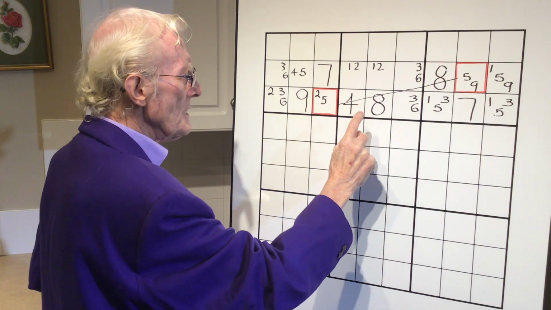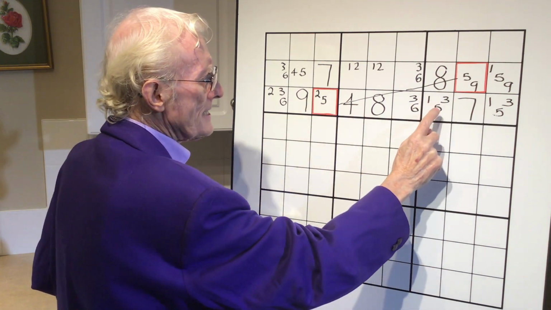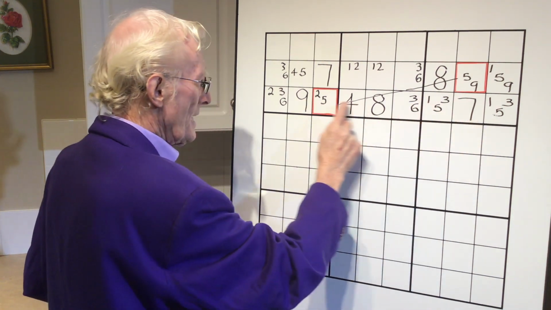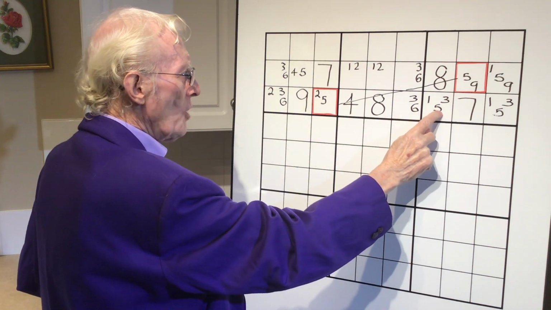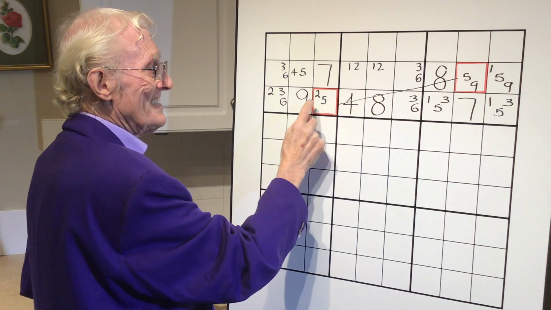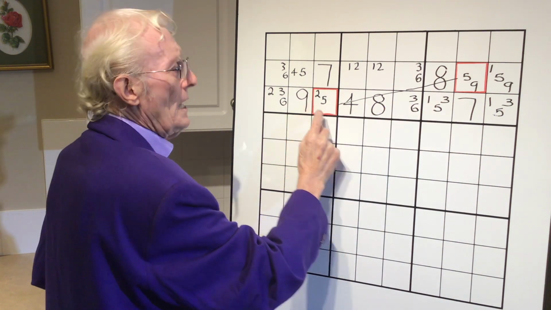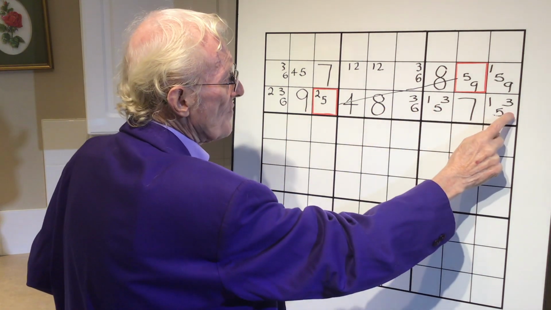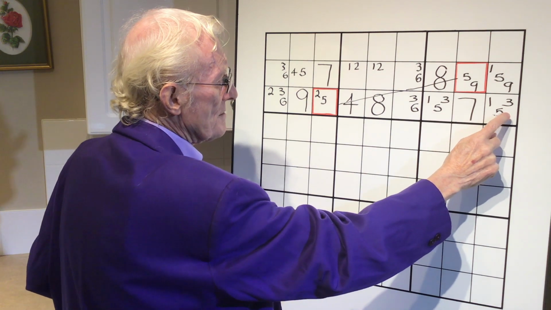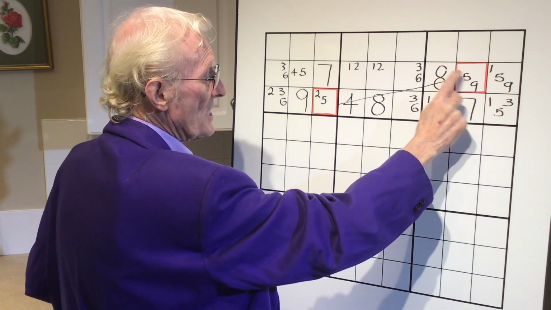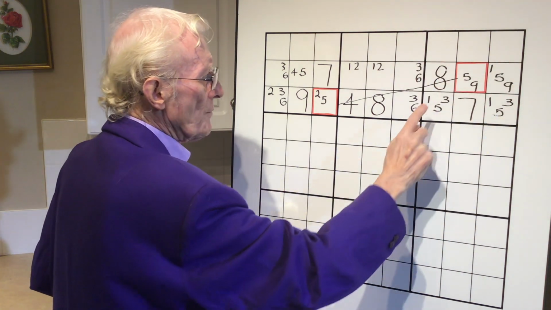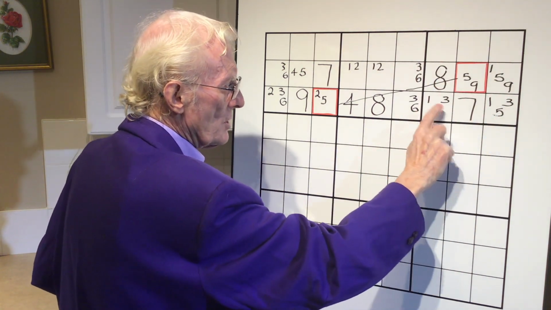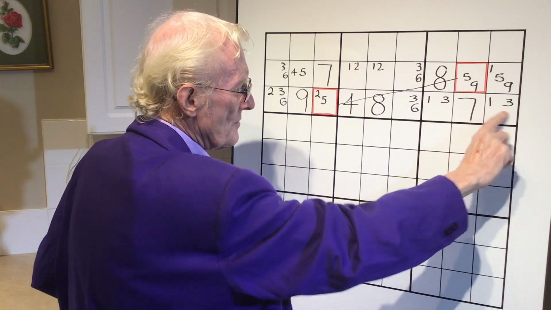So that means that if they can see that it's in the same row, and take note, it's not only in the same row, but it's not in the same block, it's in a different block altogether. And this 5, it's in the same block, then we can get rid of these 5s, okay? Kaput, kaput, kaput, gone, done.